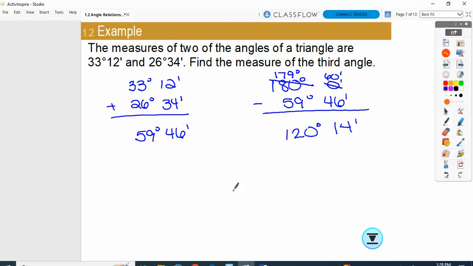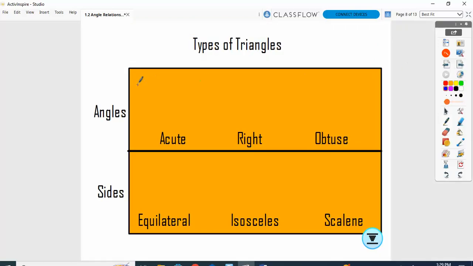Relating to triangles, a couple other things that we need to talk about. Classifying triangles, remember you can classify them based on angles and sides. So what does it mean if I say we have an acute triangle? If it's acute, all angles are less than 90 degrees.